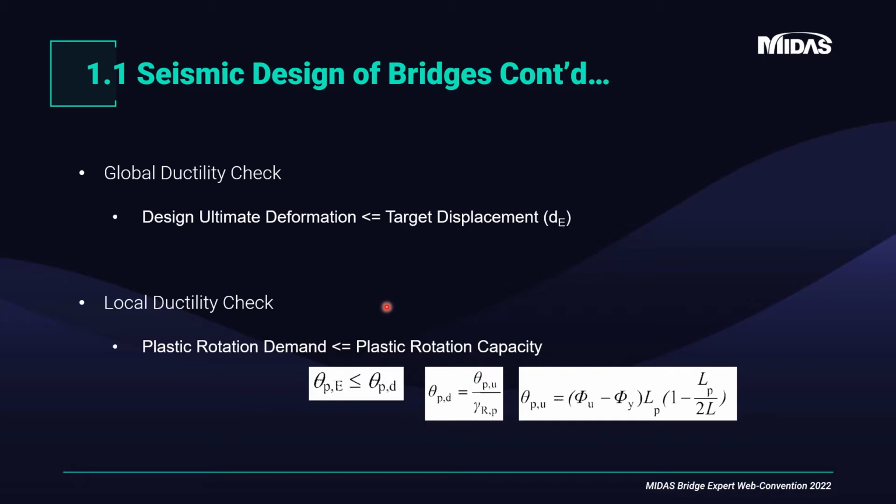So finally, what we check here is the global ductility and the local ductility. In the global ductility check, we check whether our design ultimate deformation is less than our target displacement. And in the local ductility check, we see whether our plastic rotation demands are less than the plastic rotation capacity.